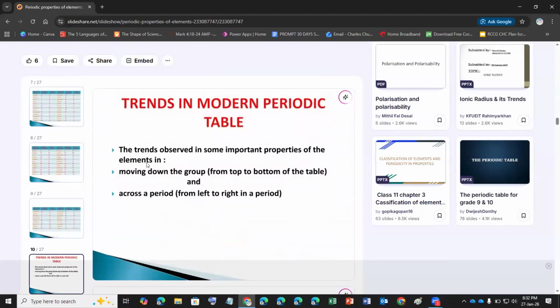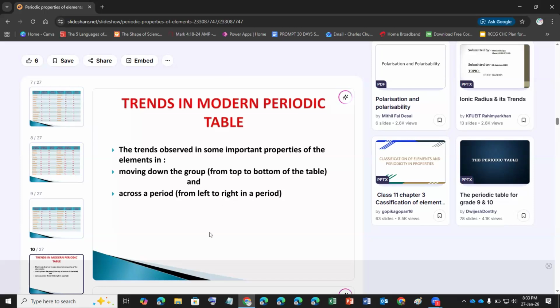Okay, so the first trends that you can see, like I said, are when you move down the group from top to the bottom of the table, and then across a period from left to right, that's on a particular row.